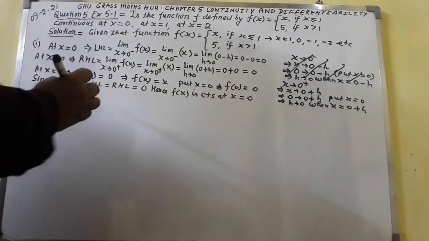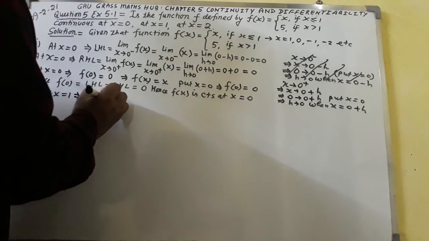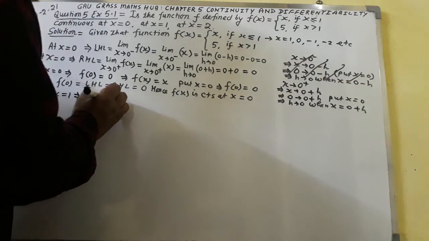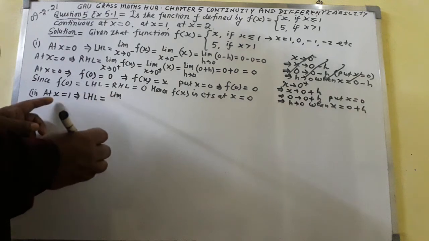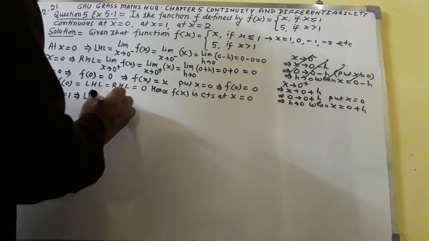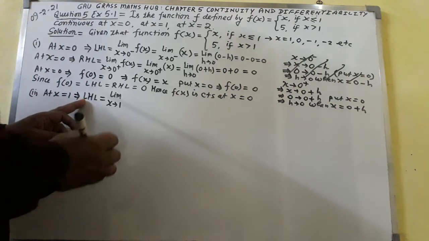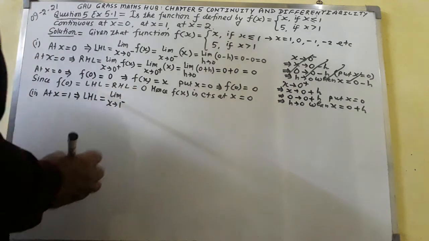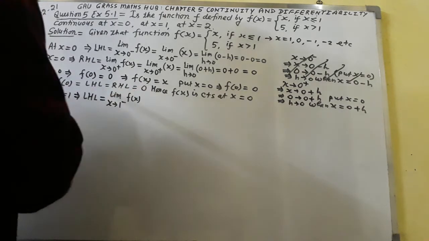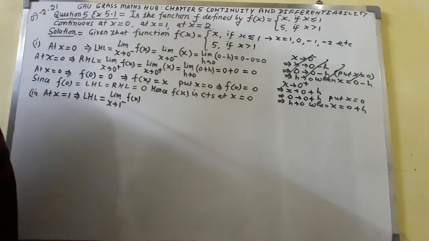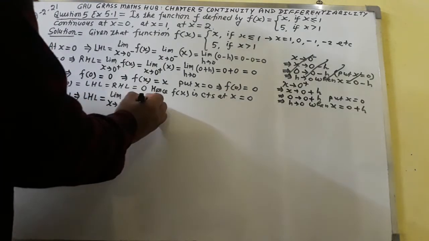In a similar way I shall find the left hand limit at x equal to 1. So here I shall write x tends to 1. Since left is written here, write 1 negative, f of x.